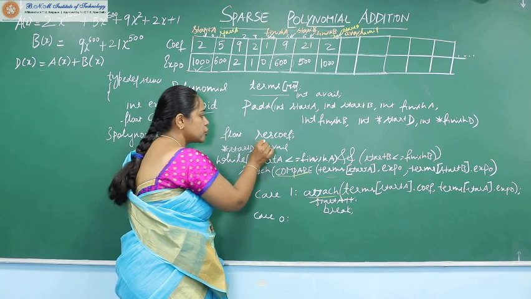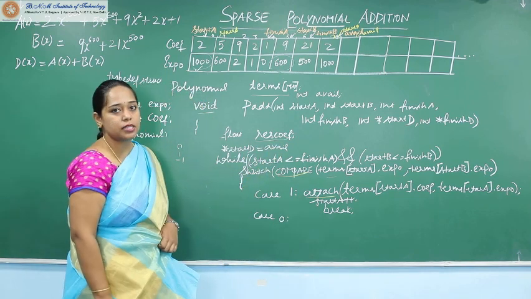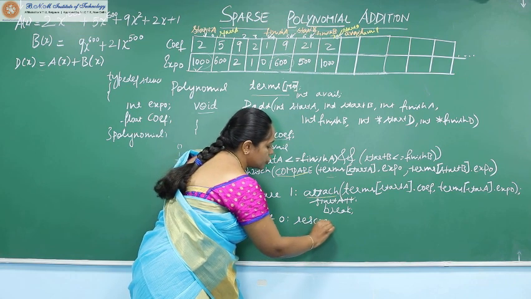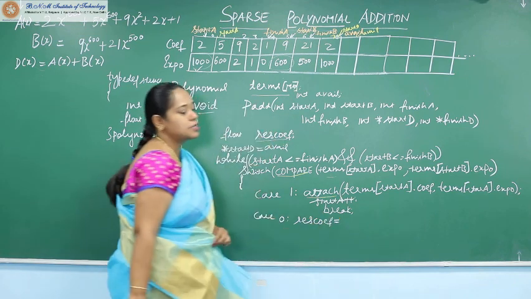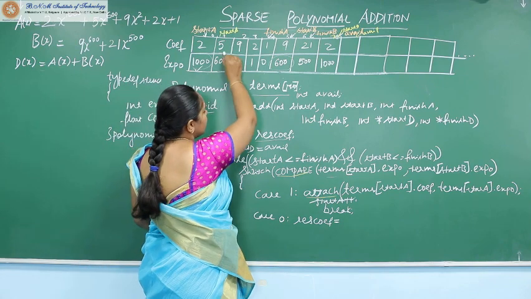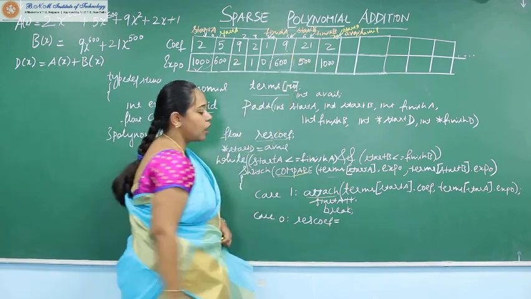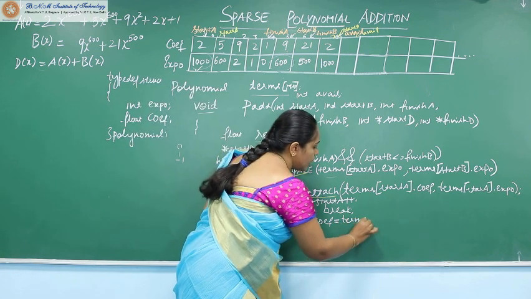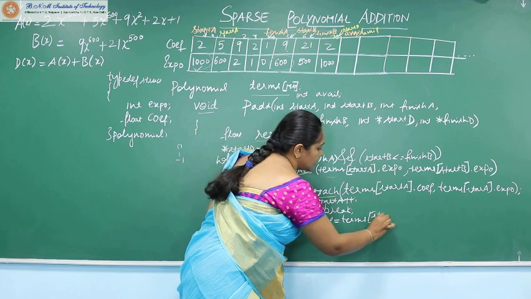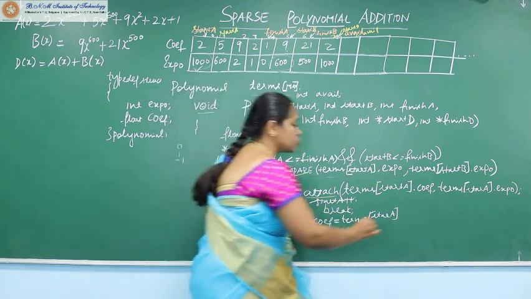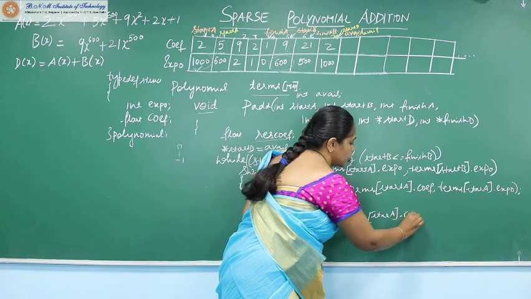The sum of the coefficients should be stored in a variable called result coefficient. So let's initialize result coefficient. I say result coefficient is equal to, I have to add 5 and I have to add 9. So how do I tell that? It's the same array terms. Terms is the array and the index here is start A, and I am adding the coefficient part, so dot coefficient.